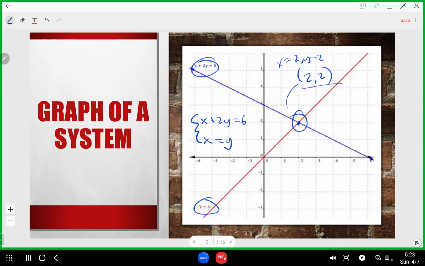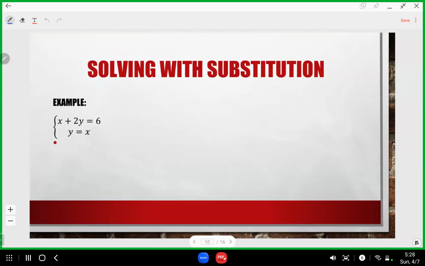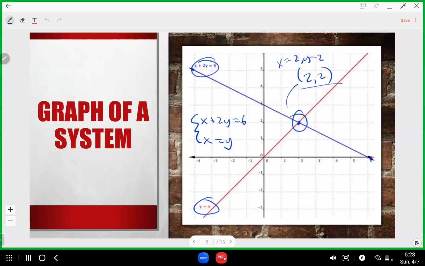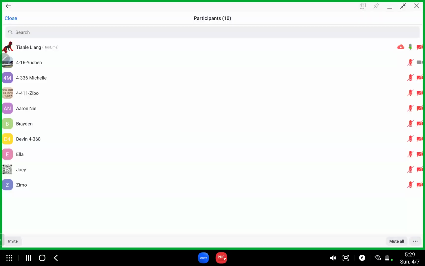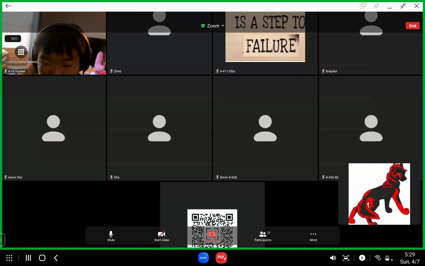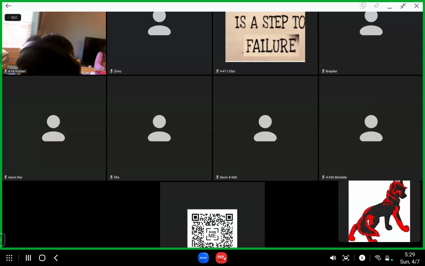And if we have 3 solutions, then it would be x, y, z. So far, before I go on to the substitution method, are there any questions? If there are no questions, then I will continue.